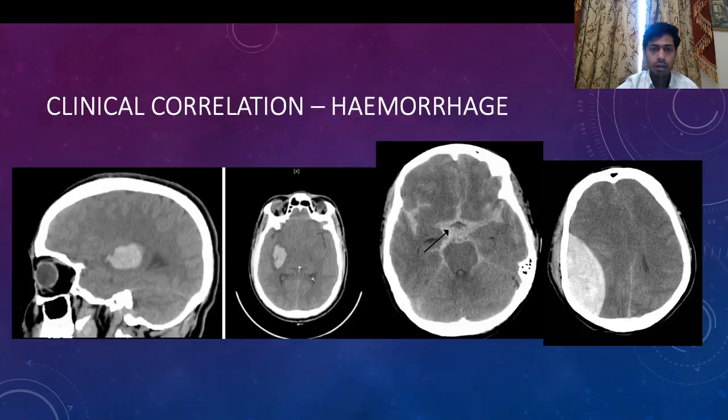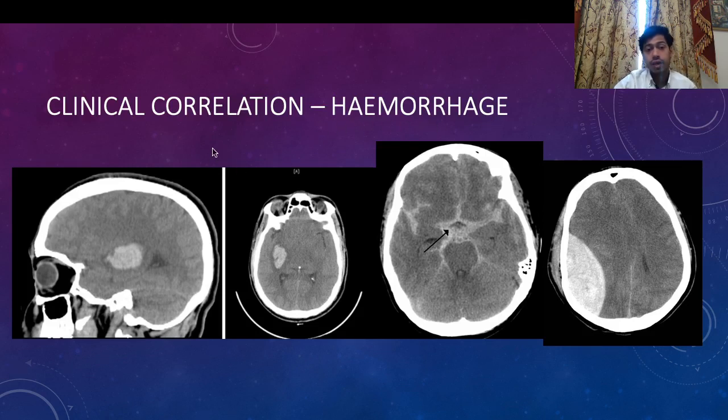And the clinical correlation of this whole blood supply system is that, depending on whichever CT we can see here, for example, you can undergo a hemorrhage.